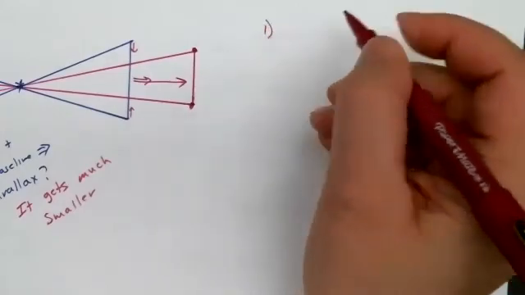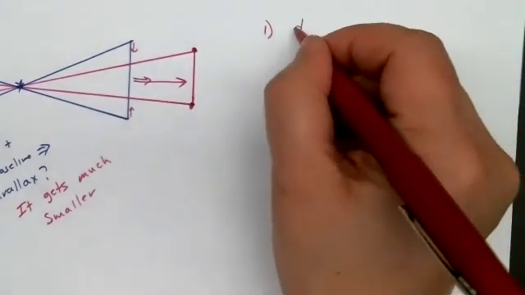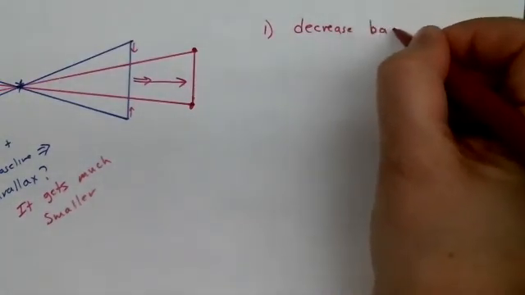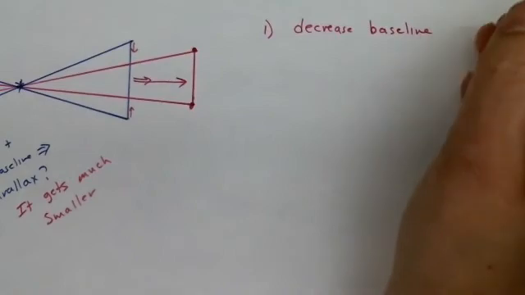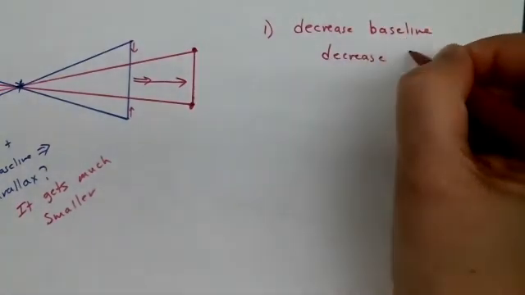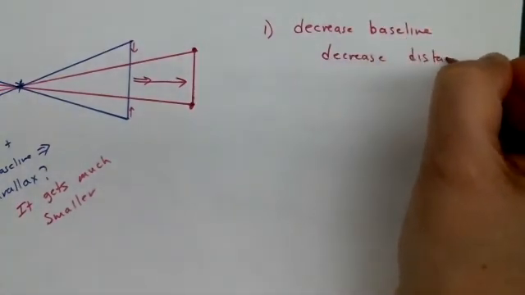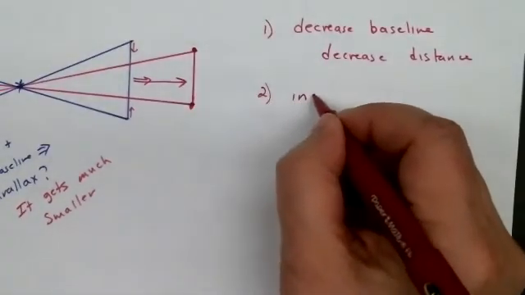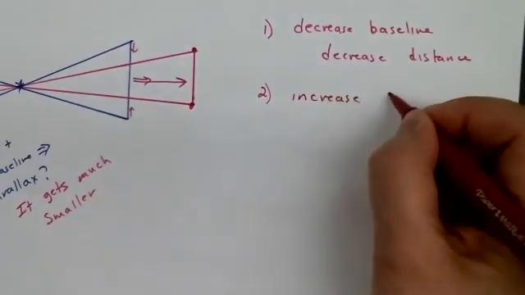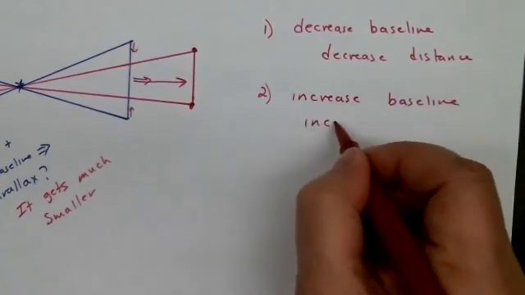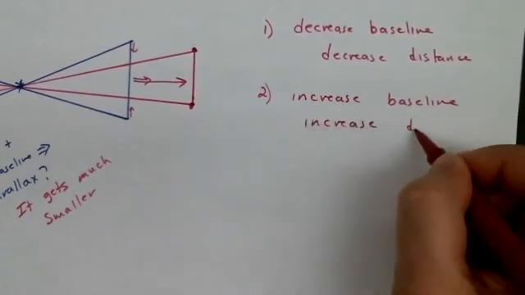Let's decrease the baseline and decrease the distance. And then let's increase the baseline and increase the distance.